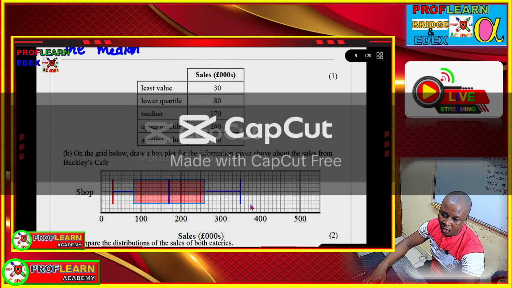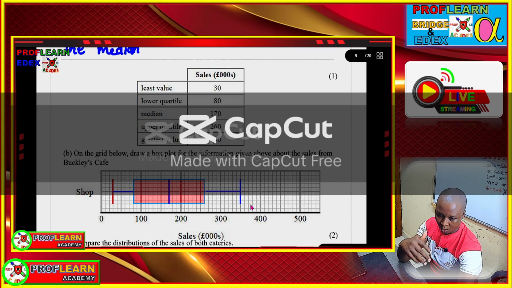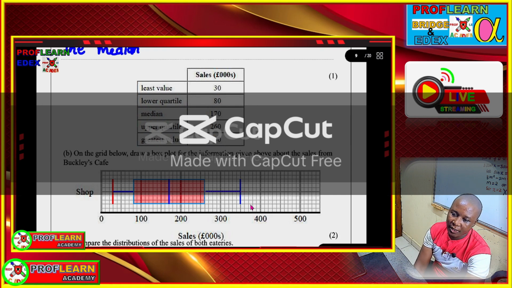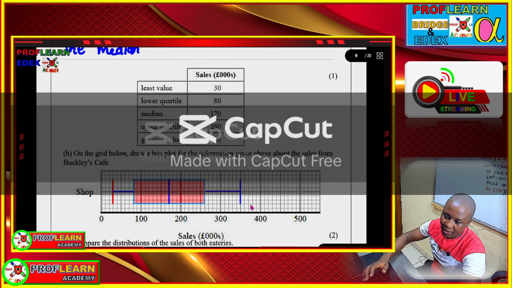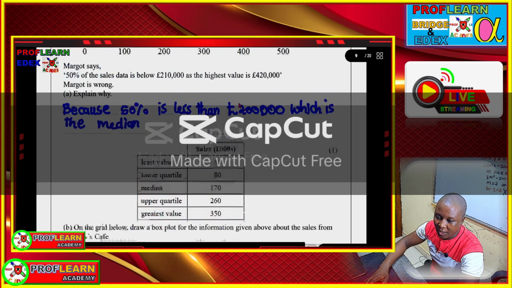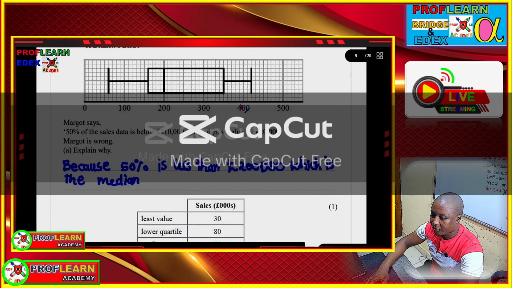Then we have the lower quartile as 80, and that is going to begin from where my rectangle starts. In that case, my rectangle starts at 80, and the rectangle ends at the upper quartile, which is 360, and the median is at the mark of 170. So that's how our whisker diagram is going to look for that particular data.